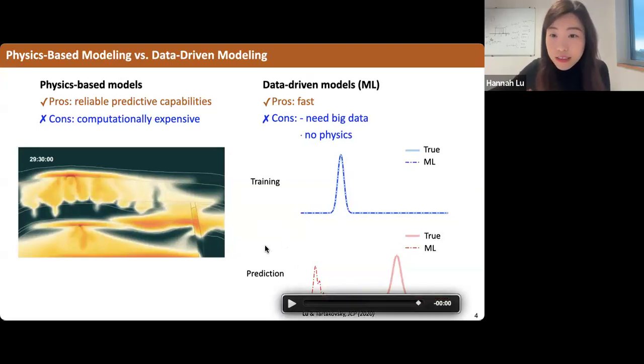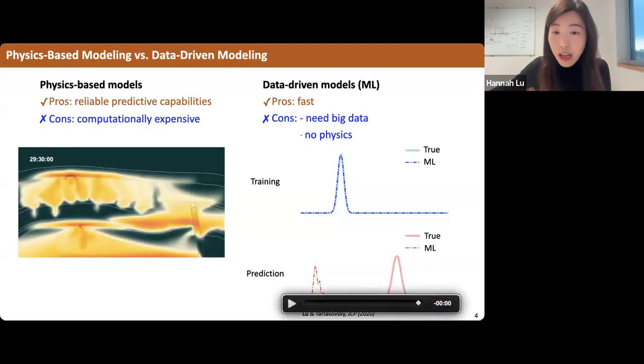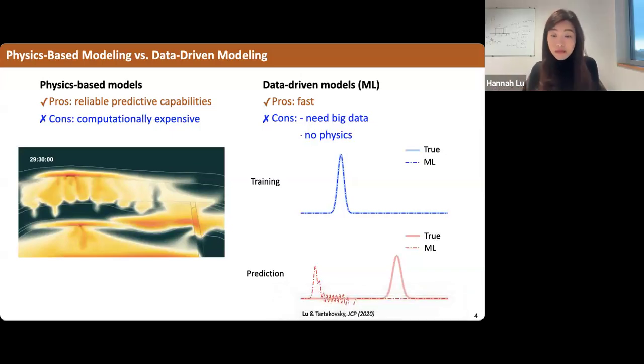These solid lines are reference solutions, and the dashed lines are from a pure data-driven model, which has very poor performance in prediction. So it would be dangerous to make big decisions based on these models for our environment, for our future planet, where some small errors can bring catastrophic consequences.